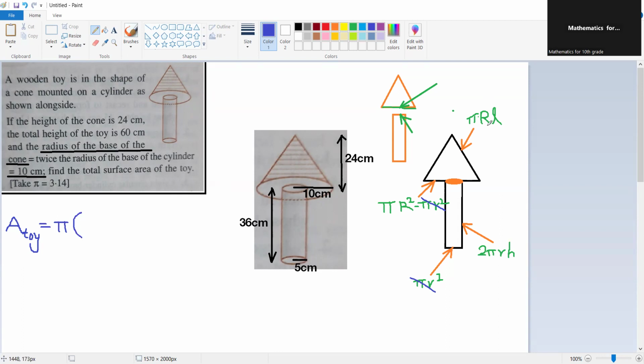I'm just adding up all these areas: pi RL plus pi R square plus 2 pi r h, which is of the cylinder.